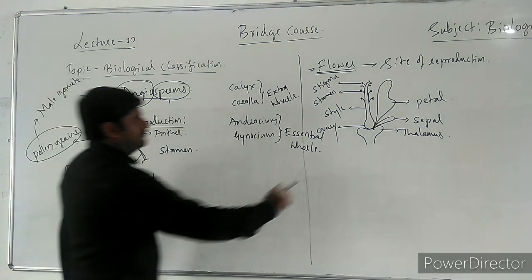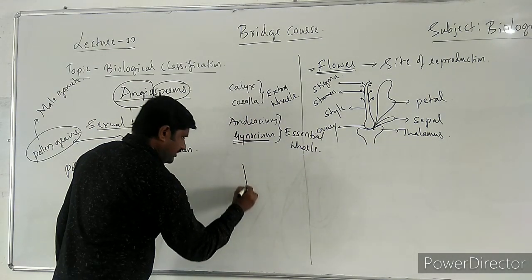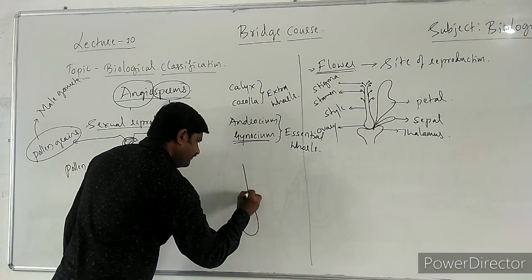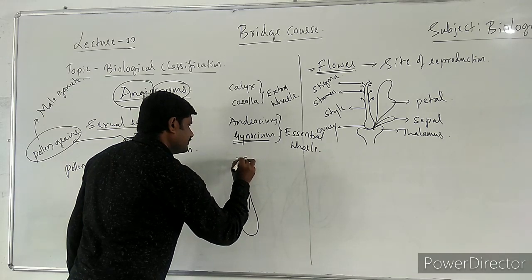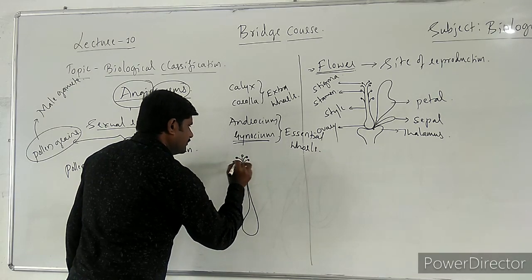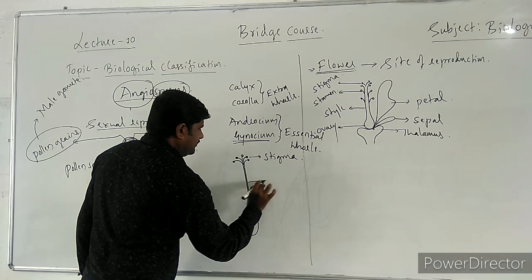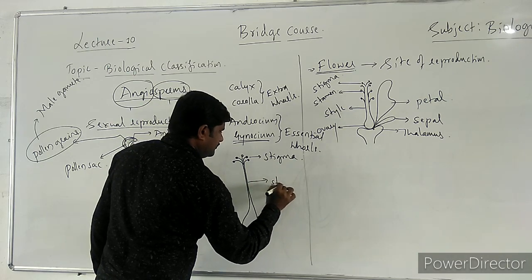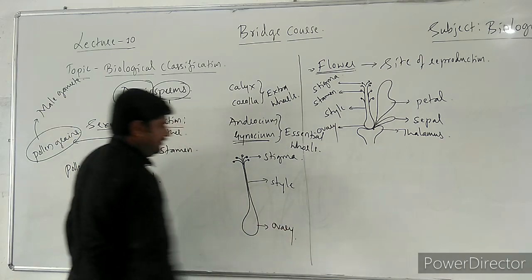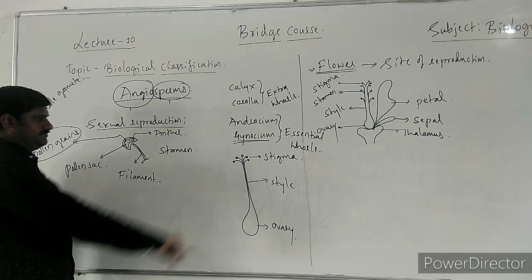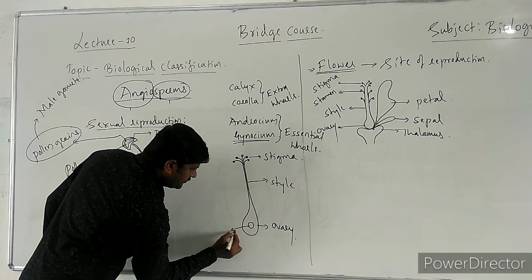Next, when we consider the female part, that is the gynoecium, we will find this kind of structure. This part is the stigma, this part is the style, and this is the ovary. This ovary contains the female gamete.